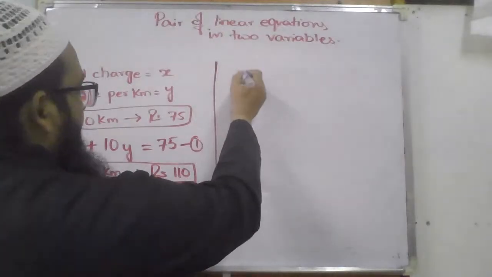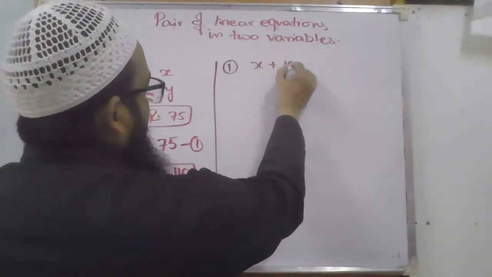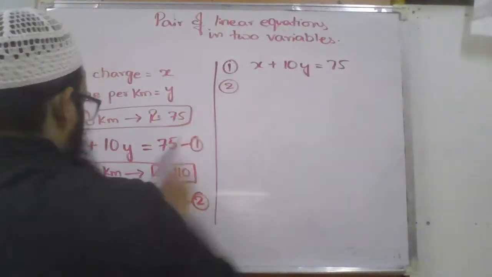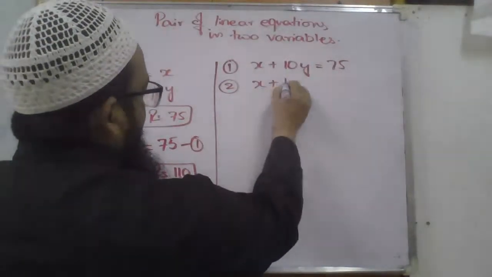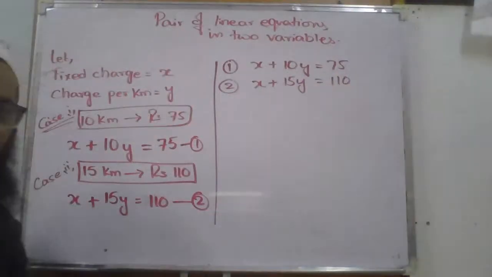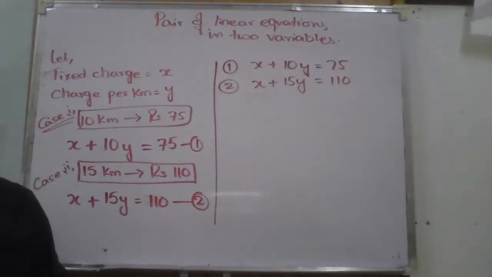Now by elimination method, let us write the first equation: x plus 10y is equal to 75, and the second one, x plus 15y is equal to 110. Now the coefficients of x are equal.